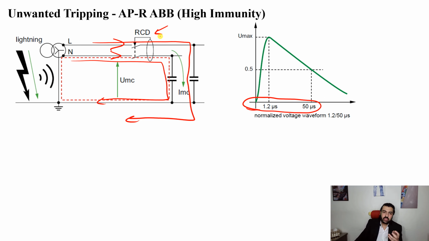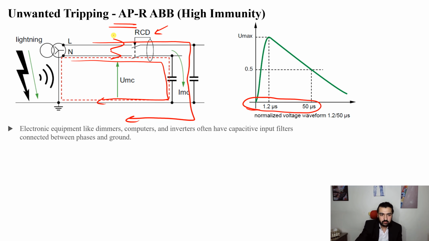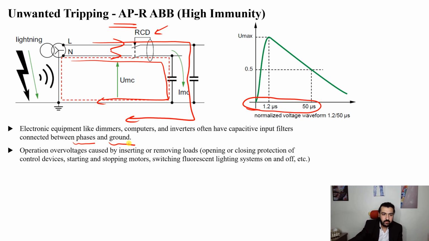So how can we solve this issue? We have what we call the anti-disturbance RCDs, which have a little bit of time delay, 10 milliseconds. This 10 milliseconds allows it to not operate in case we have these overvoltages. So equipment like computers, inverters, and so on have capacitive input filters connected between phases and ground, neutral and ground.